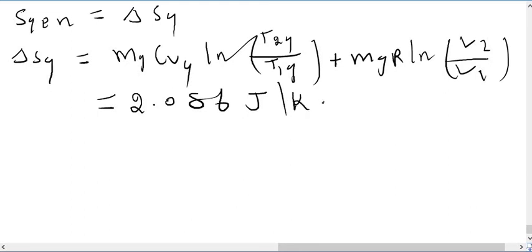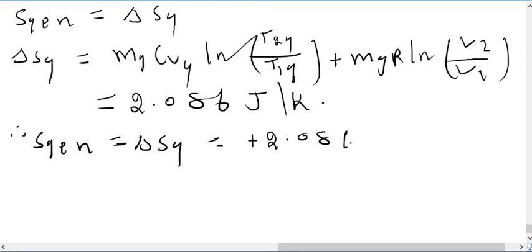So therefore the S gen is equal to the change in entropy of gas, which is plus 2.086, which is greater than 0. So the process is irreversible and is possible. So that is E.